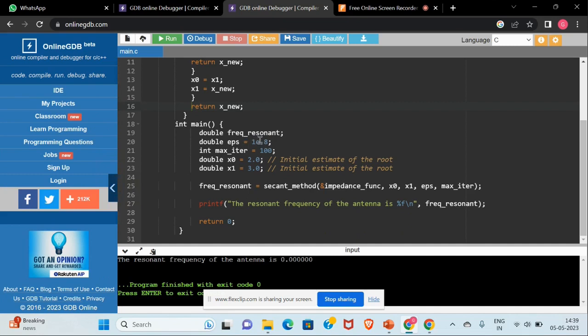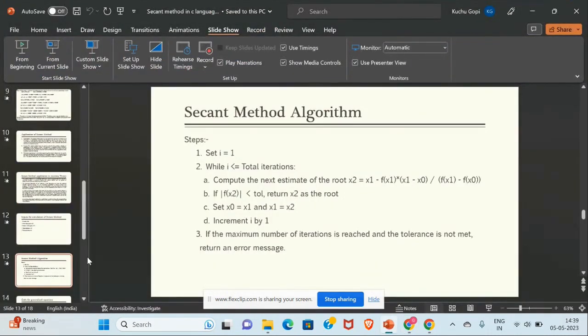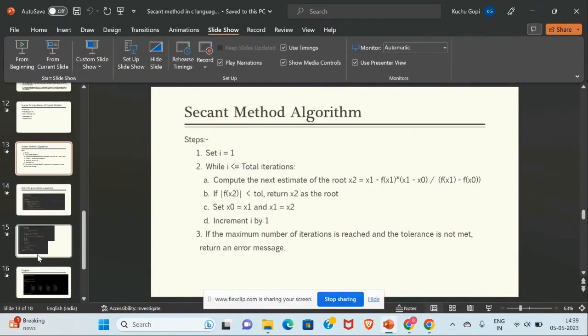And we will use the same. We give inputs as maximum iterations, x0, x1. Then, by using this resonant frequency impedance function with x0, we can find the resonant frequency. By using the secant method, we can find the resonant frequency and the root.